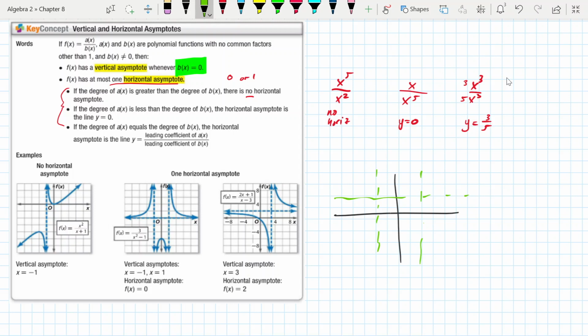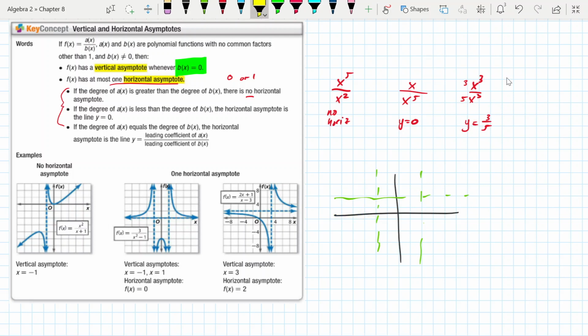The nice thing is you only need to find the 3 domains there and plug in values for those 3 domains. And the reason for that is, well, it's a function. So if you're looking at the negative infinity part of the graph here, it's either going to be above or below the horizontal asymptote. That's all there is.